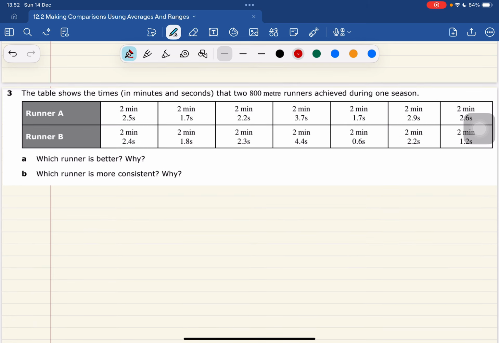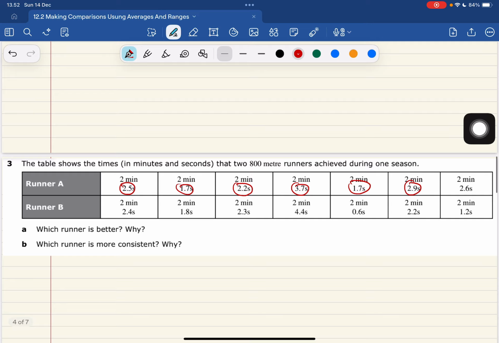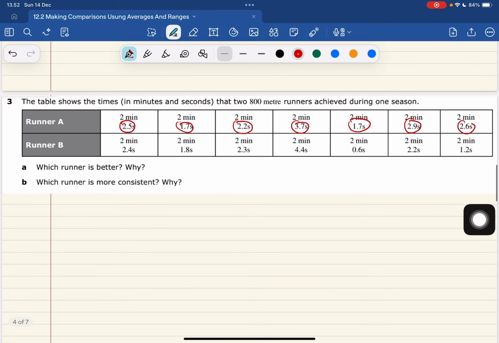So let us just calculate the seconds. We got 2.5 plus 1.7 plus 2.2 plus 3.7 plus 1.7 plus 2.9, and we can add again 2.6.